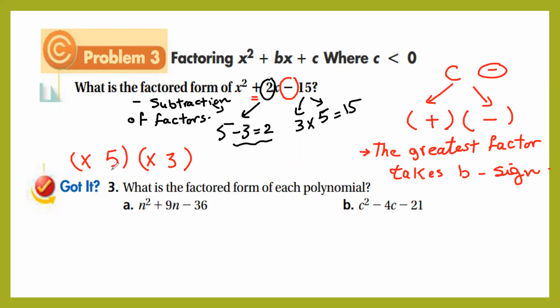Which one is greater, 5 or 3? 5 is greater. So it will be plus here, the same sign as B, and the other one takes the negative sign. Again, the plus or the addition takes the B sign, and the other one, the smaller factor, takes the opposite sign.